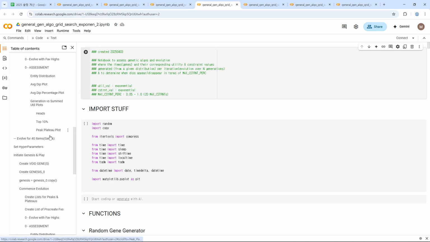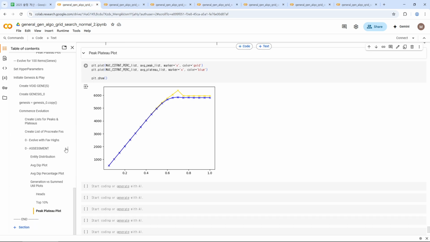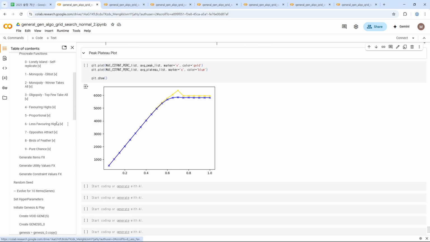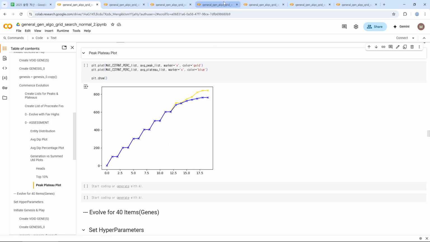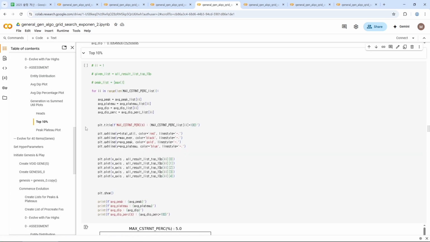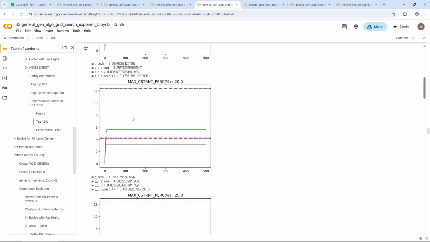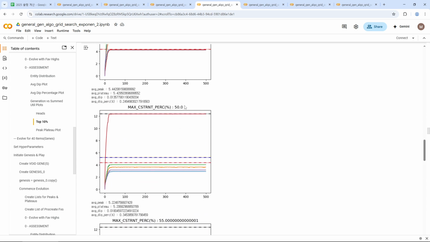Exponential, 10 items. Let's have a look at the peak plateau. Wow, this is quite different. When we had this, it actually went down. But again, I think this is because of the fact that we sampled per iteration. Top 10%. At 50, we hit it.